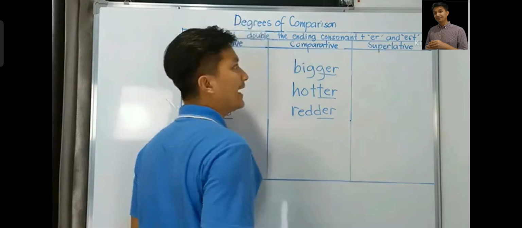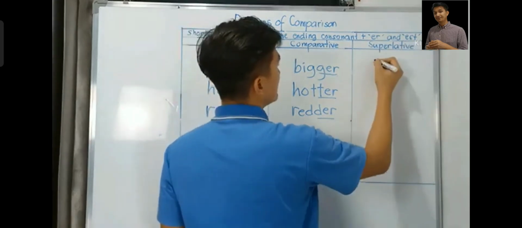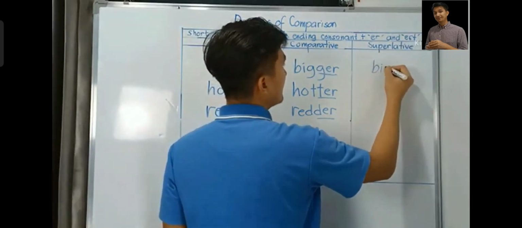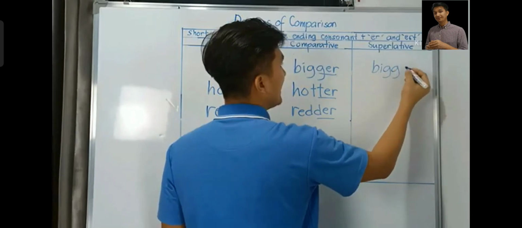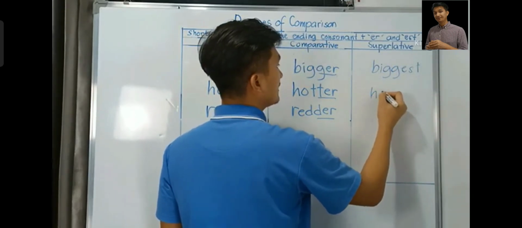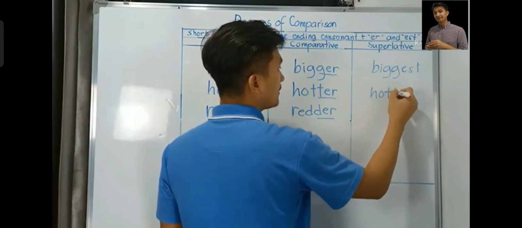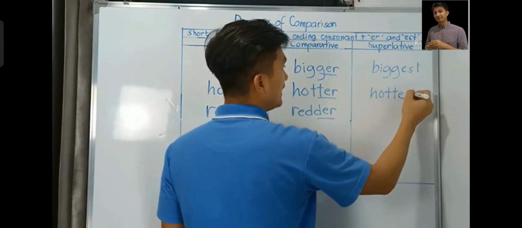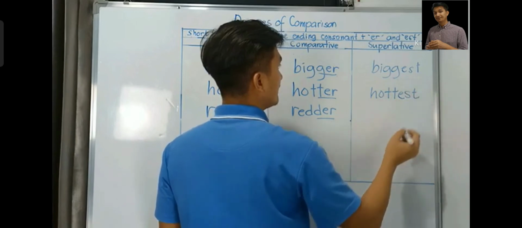And how about here, EST. Here, we're going to add EST. So it will be big, double the consonant, and EST. Hot, double the consonant, and EST.